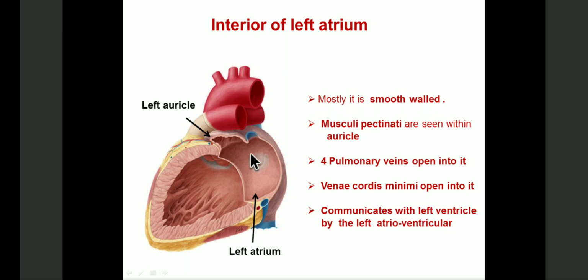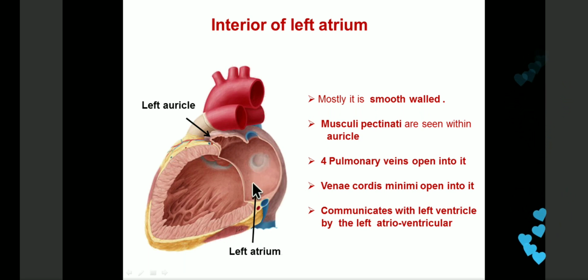There is no muscular tissue present in the wall of the left atrium. The muscular pectinate muscles are seen only in the left auricle, not in the left atrium. It's formed by the absorption of four pulmonary veins, very smooth. Apart from that, some small veins also open into the left atrium, which we call the venae cordis minimae.